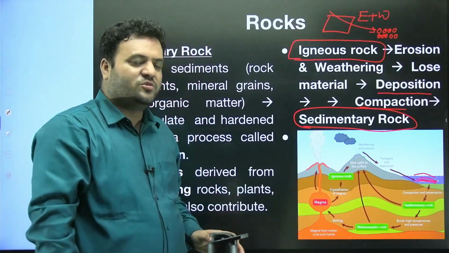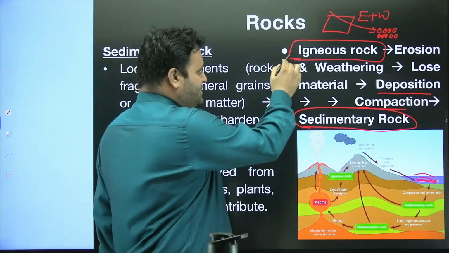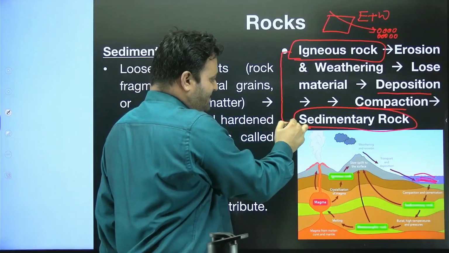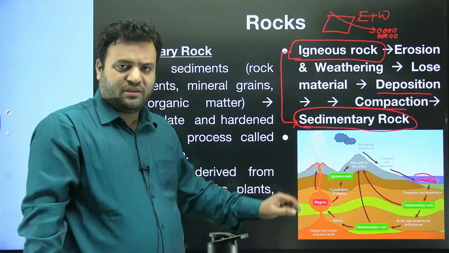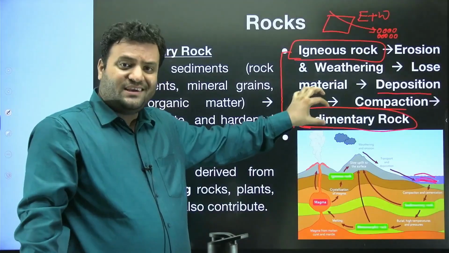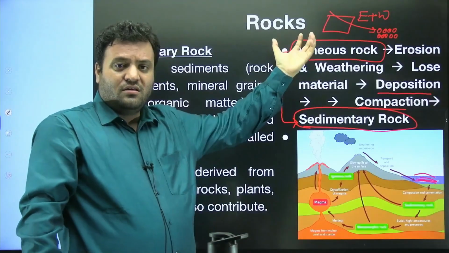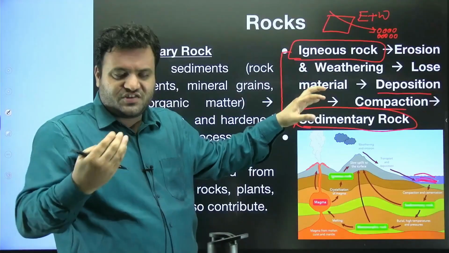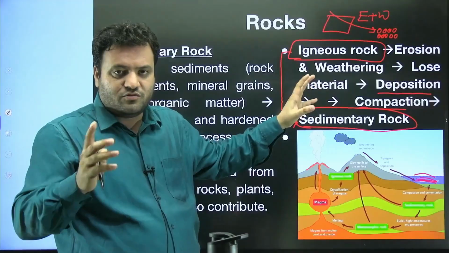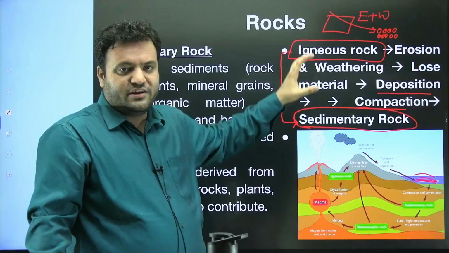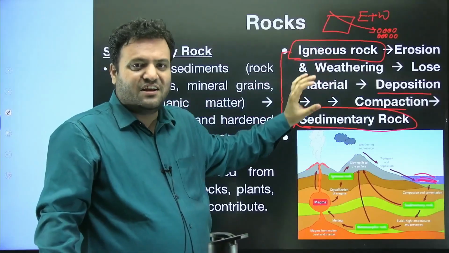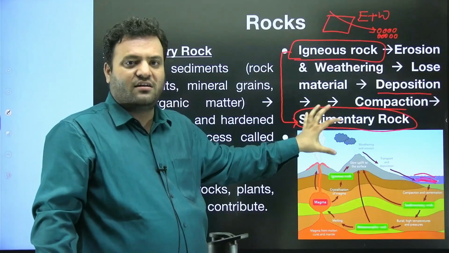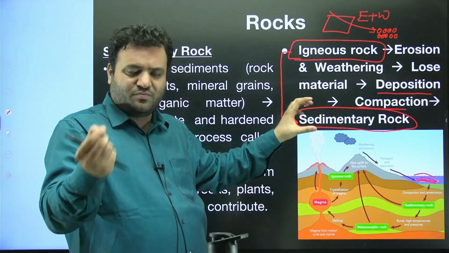Here I just want to tell you one thing: sedimentary rock is basically comprised of igneous rock, so we would have similar chemical properties, but the structural properties differ. Igneous rock is harder, whereas sedimentary rock will not be that hard, because it is comprised of loose particles.